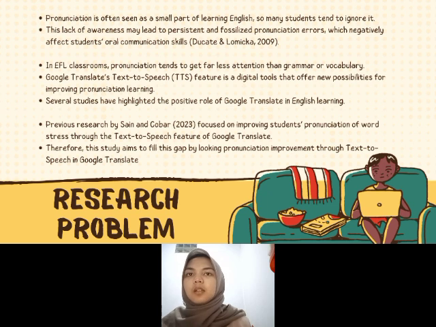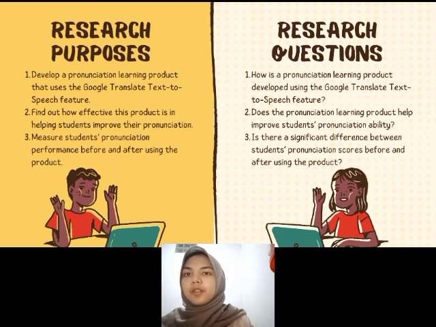But there is still limited research that uses an experimental method to investigate broader pronunciation improvement using the TTS feature. Therefore, this study aims to fill this gap by looking at pronunciation improvement through text-to-speech in Google Translate. Next, the research purpose.